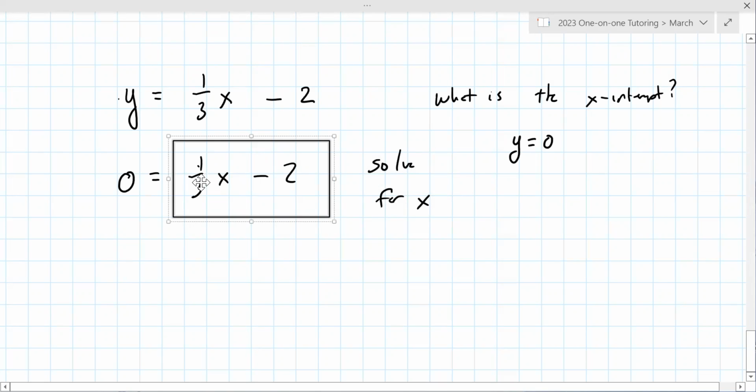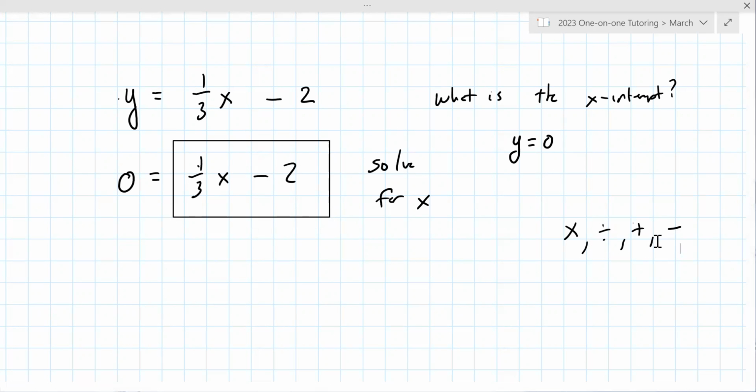Here are your options: multiplication, division, addition, or subtraction. It's multiplication. It is multiplication.